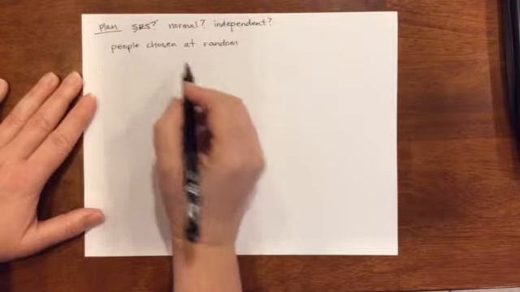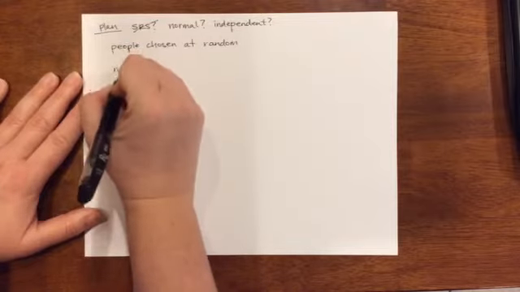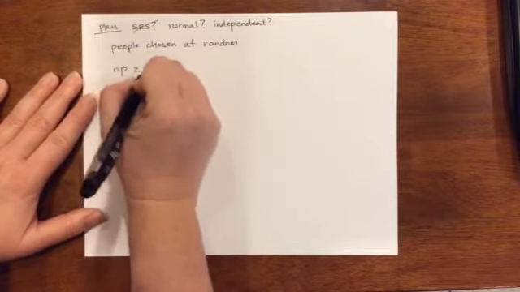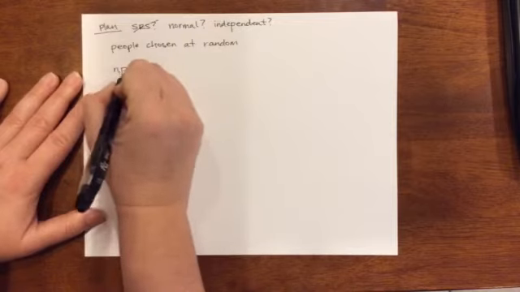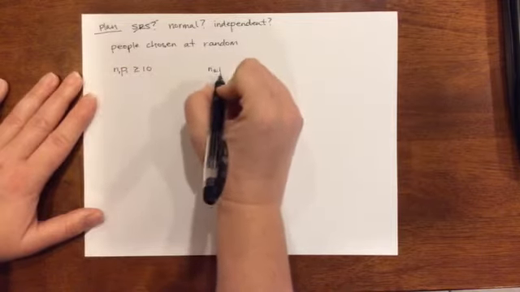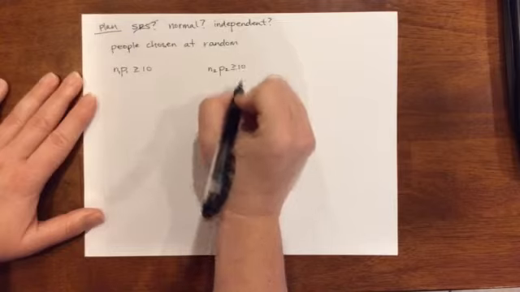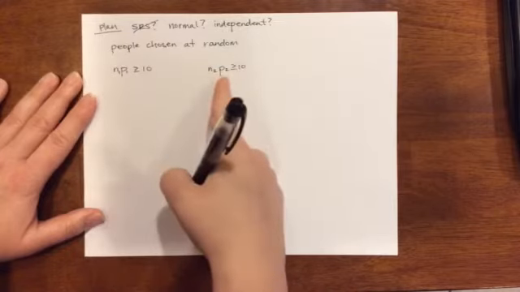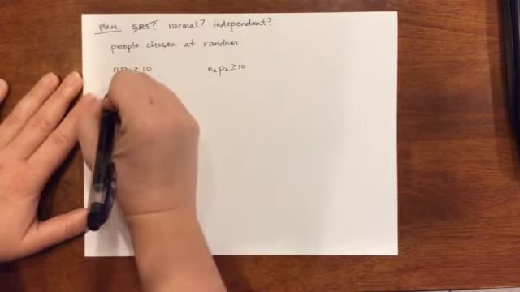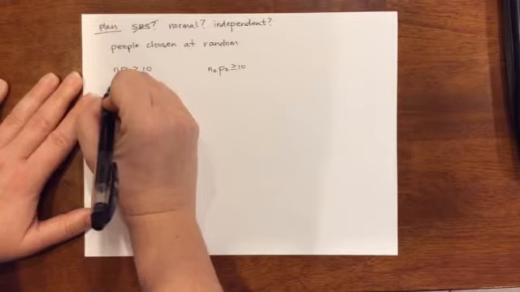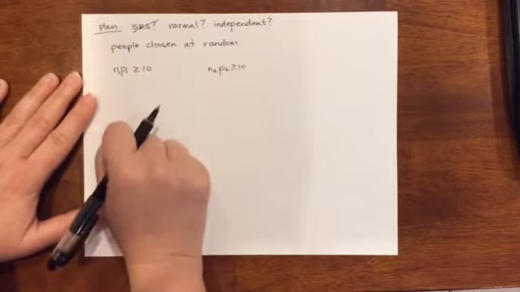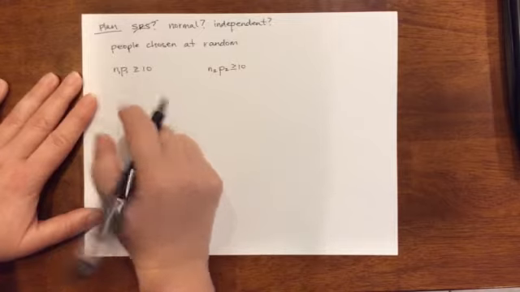So to check if a distribution is normal, we do n times p is greater than or equal to 10. But this time we've got two populations we're looking at, the men and the women. So for the men, I know you don't have the other screen. Remember, you should be pausing the video and trying these problems on your own and then turning it back on and seeing if you're getting the same answers as I am.